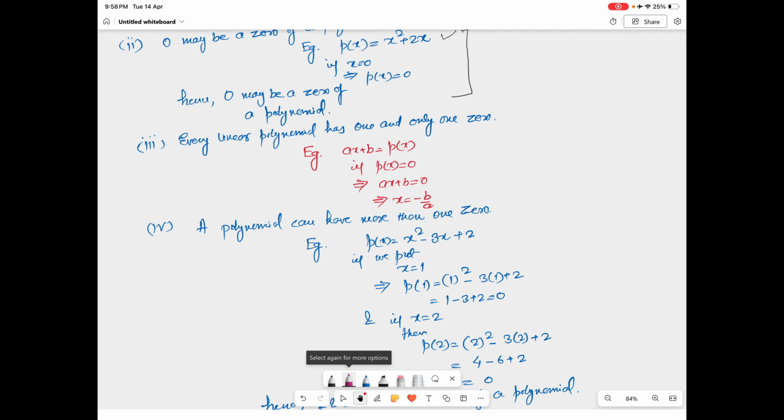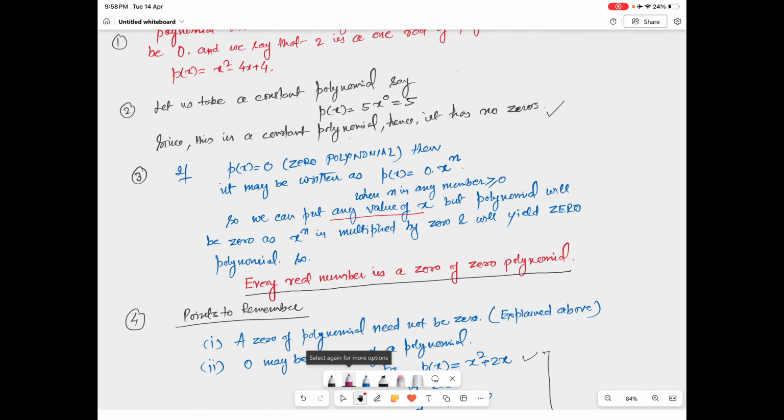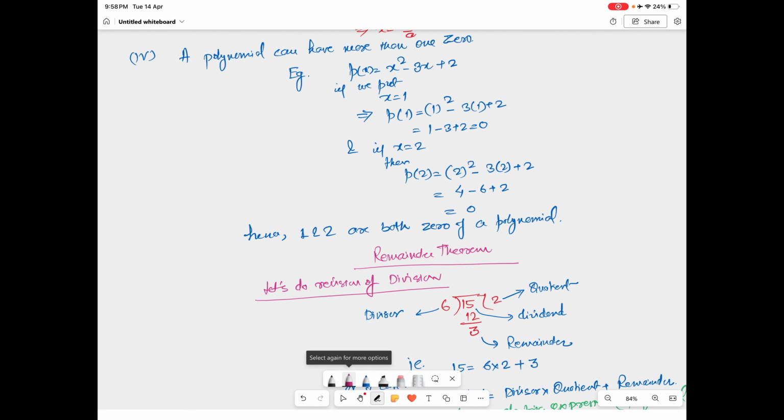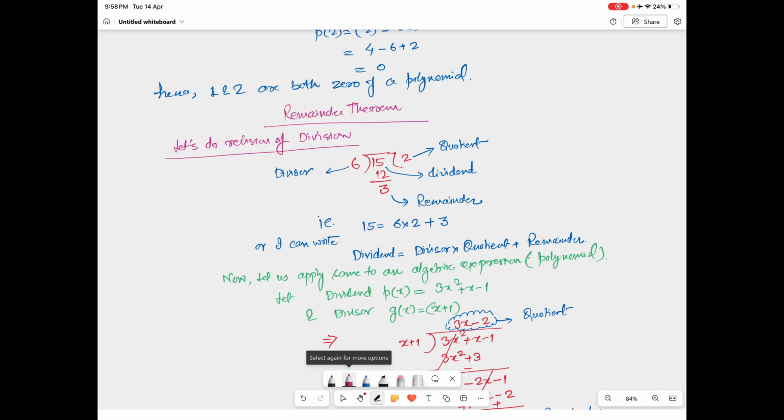So, these points you should understand and remember, because these are all important things before we now come on to the concept of the remainder theorem. The remainder theorem, I will come first to the simplest division which we have been doing from class 1, 2.